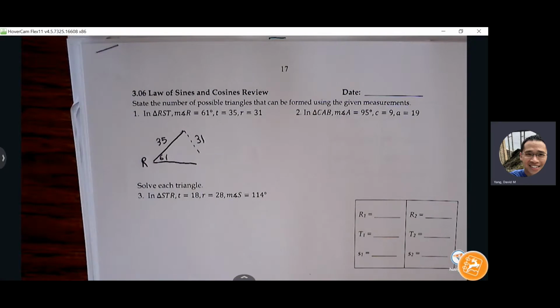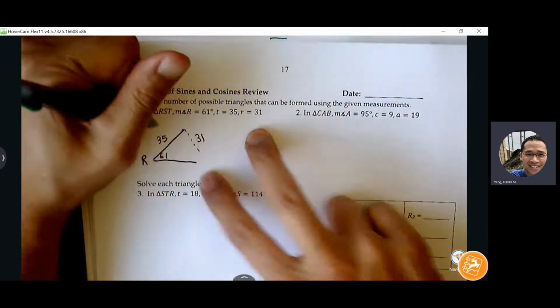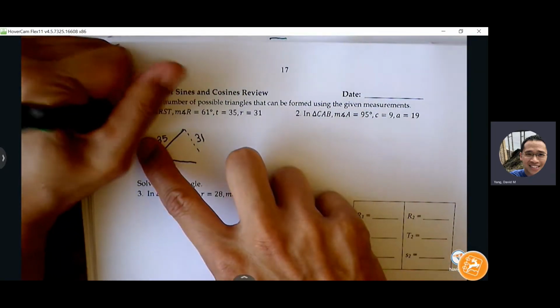Good, side side angle. This is the only time you have to worry about whether there's ambiguous case. If it's other than side side angle, you know it's always going to be one triangle. You don't have to worry about it. You only have to worry about ambiguous case with side side angle. Okay, so I'll mark that down, side side angle.